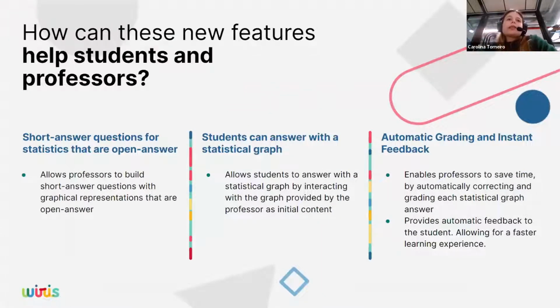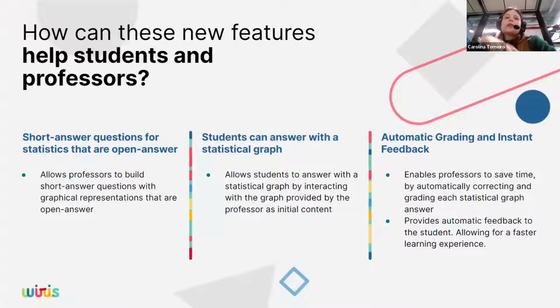How do we believe that these new features can help you? At the moment, we were offering short answer questions, which were open answer. And we knew that it was also needed to do open answer for statistics. We also wanted the students to be able to interact with these statistical graphs. We didn't want these graphs to be static.